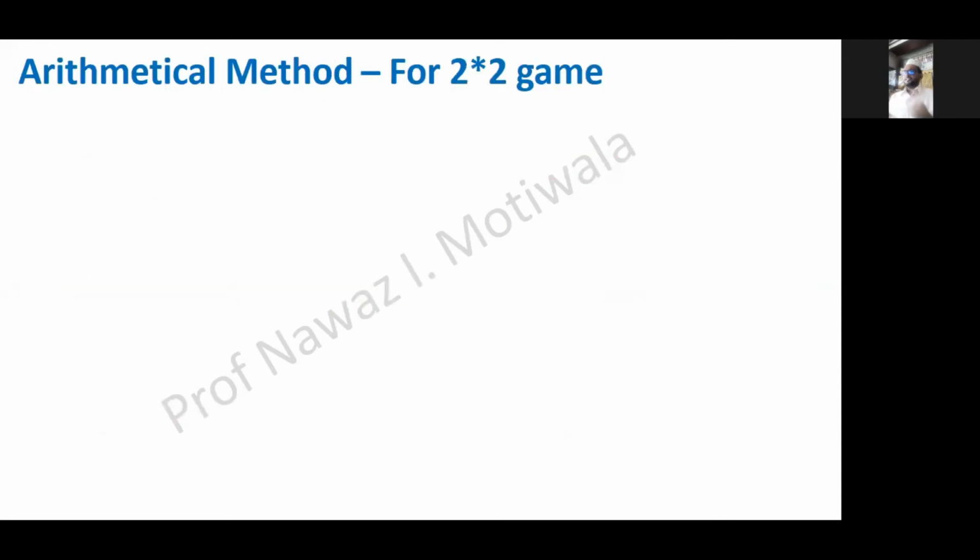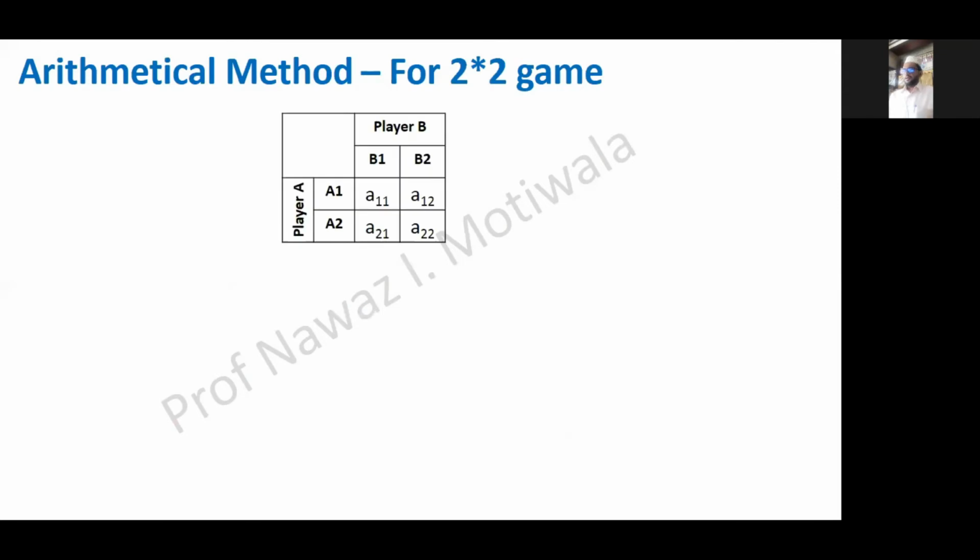First, let us start with the arithmetical method for a 2 by 2 game. Let us say this is a generalized matrix given. Just observe the formula, it's directly a formula application. This is a generalized matrix in which there are 2 players, player A and player B, having strategies A1, A2, B1 and B2. Now the first step in any problem of game theory will be to try to find out the saddle point.